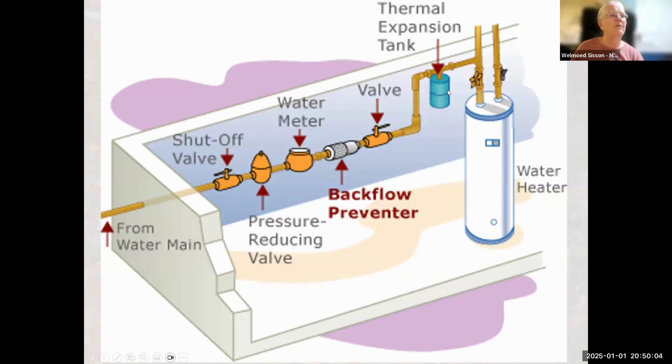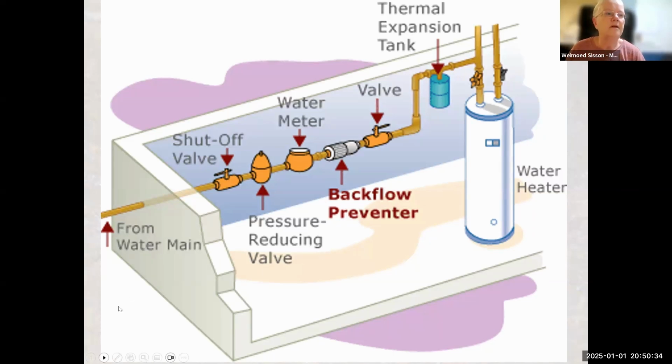And there should be some form of thermal expansion device, not necessarily a thermal expansion tank, because you can also have a thermal expansion valve located in an upstairs toilet that does the same thing. When the pressure gets too high, it dumps a certain amount of water into the toilet tank that comes out with the next flush.